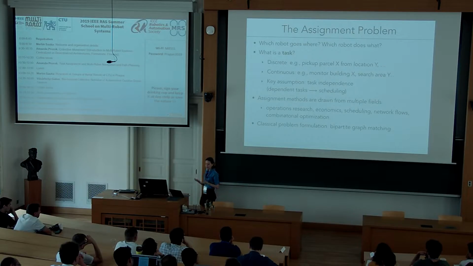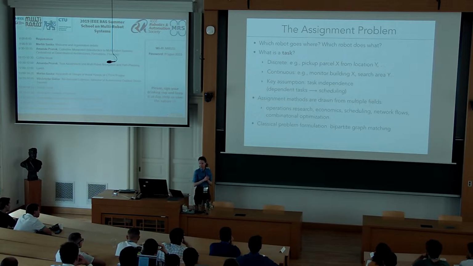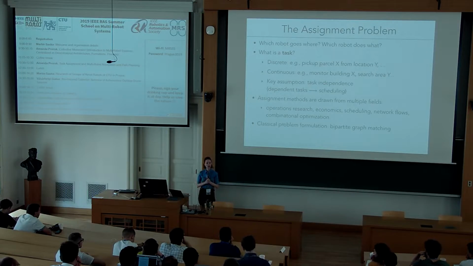The assignment method is a problem that many people have already thought about in research, and it goes way back. We can think of assignment stemming from, perhaps most originally, operations research, where researchers were thinking about logistics primarily. And this relates to the whole field of economics, perhaps also scheduling. But some researchers have looked at the task assignment problem in the area of network flows, so a little bit more in the continuous domain, but also the assignment of packets to routes, for example.